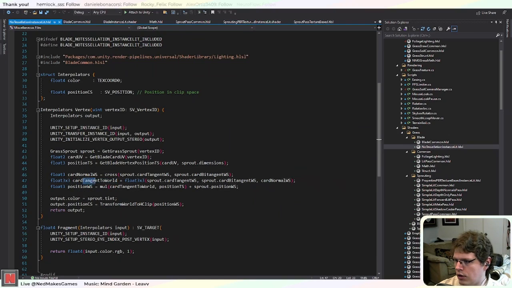I guess I still need to do this card tangent to world, but does it really matter? And I guess the other option is I could just not pass these values and we just pass the start and the finished rotations, and then we would just interpolate between them.